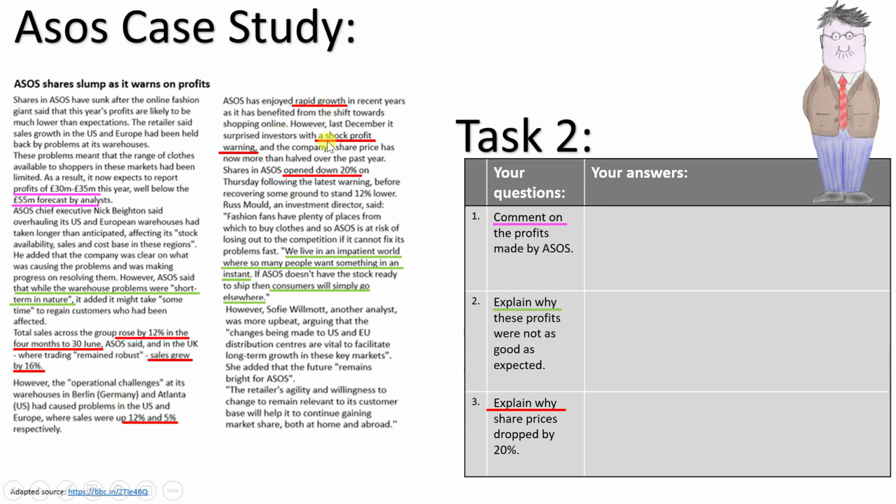Now, if you're looking at that saying, why on earth would rapid growth cause a shock warning to investors? If you think about companies that all of a sudden expand and expand very quickly, for investors, they would worry whether that growth can be sustained, almost like a balloon, a sudden burst and then balloons pop and then it drops down.